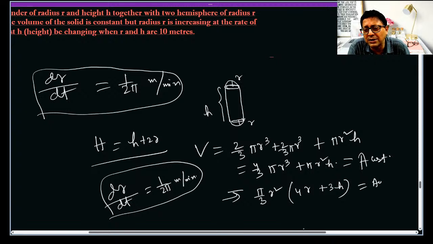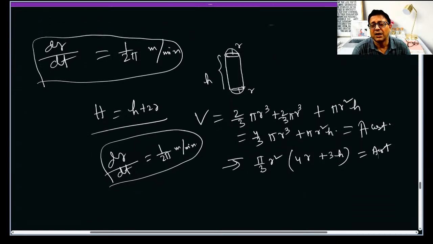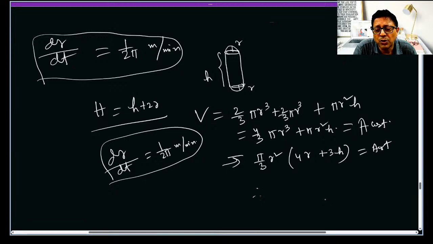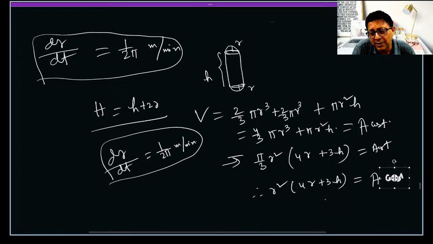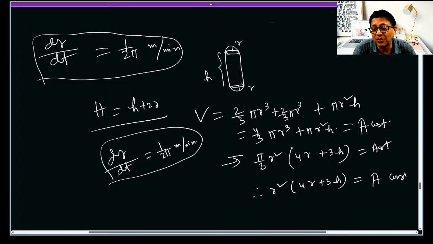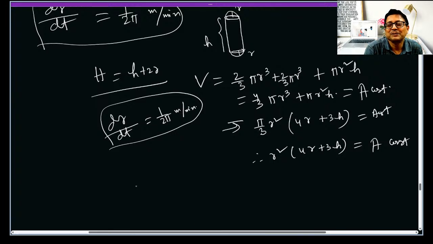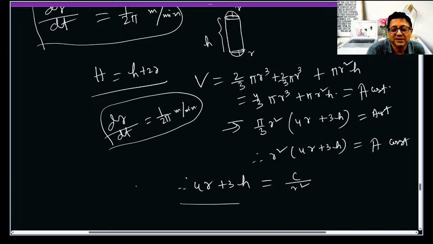This is equal to a constant. So r square into 4r plus 3h equal to a constant. You agree? You can give the reasoning in your answer script that constant by constant is a constant. No need to do. So 4r plus 3h equal to c by r square. Isn't it?